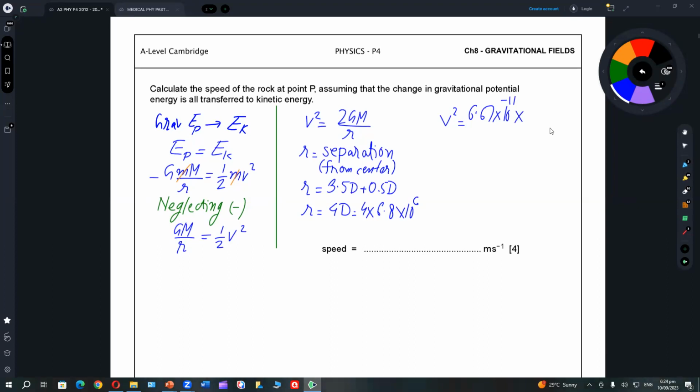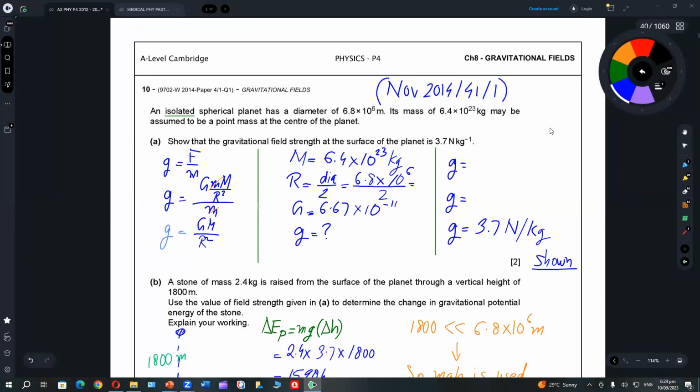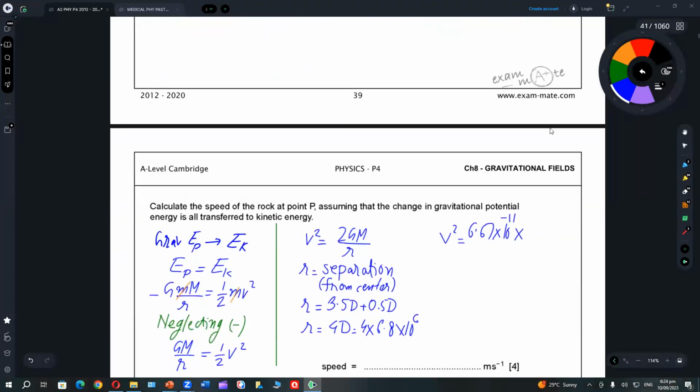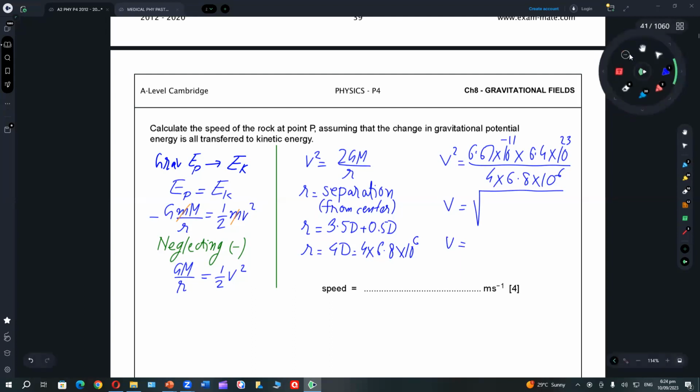The mass of the planet was 6.4 times 10 power 23. Then you have to take a square root and solve it.